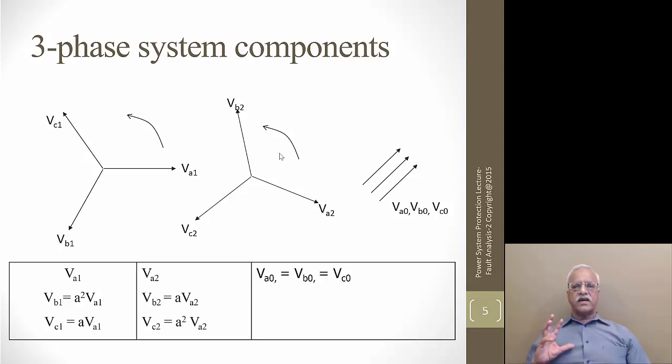So if I take ABC as a reference, it has an opposite rotation compared to the positive sequence, and we call this a negative sequence. Mathematically, the three phases are represented as VA2, VB2, which is A VA2, and VC2, which is A square VA2.